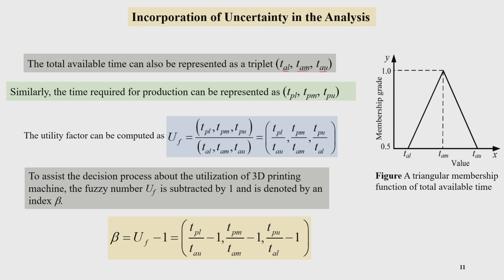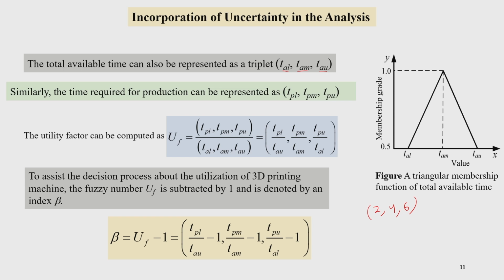So TAL means the lowest estimate, TAM is the most likely estimate, TAU is the upper estimate. Anybody can give that data, say you feel that it will run 4 hours, but in the worst case 2 hours, and at most it will run 6 hours. So give 2, 4, 6.